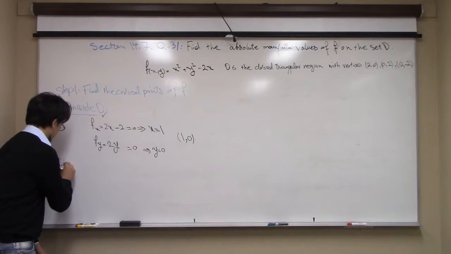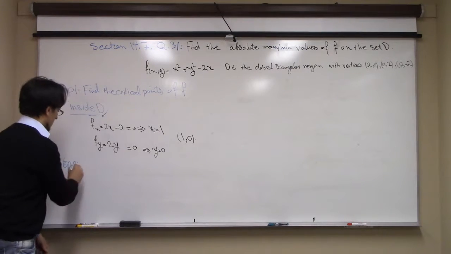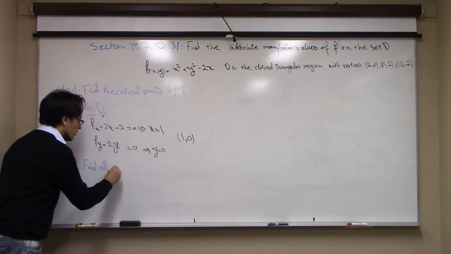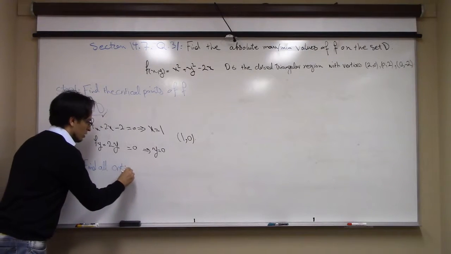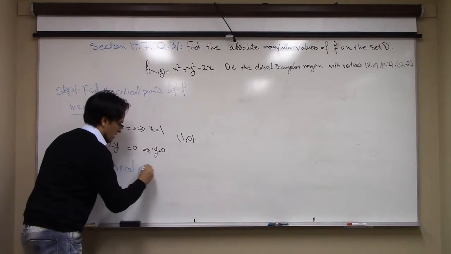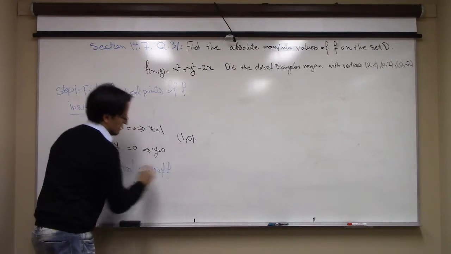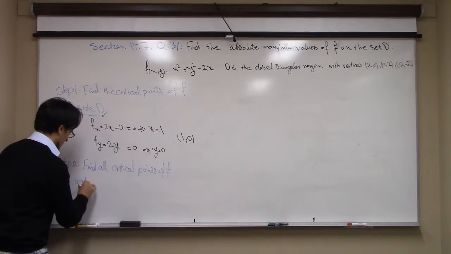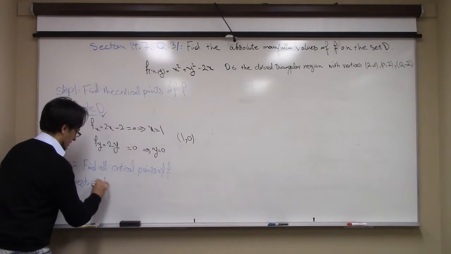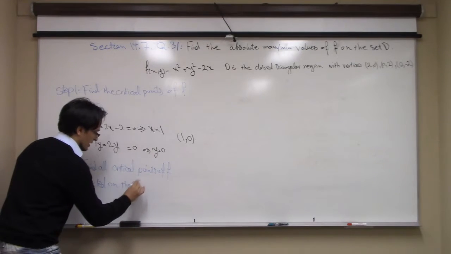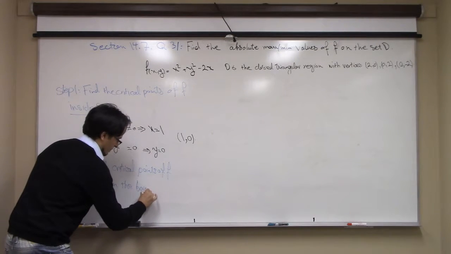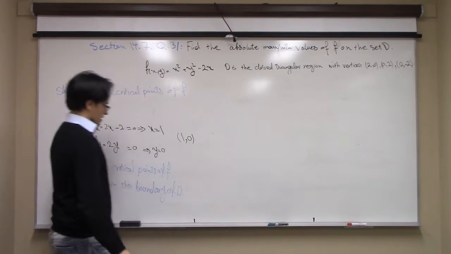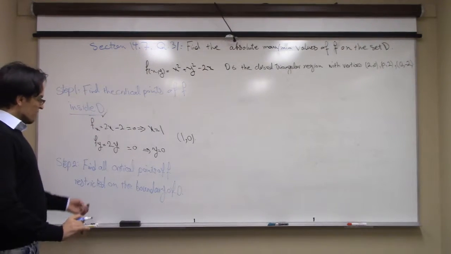Step 2 says find all critical points of the function f when restricted on the boundary of D. You have to be careful.